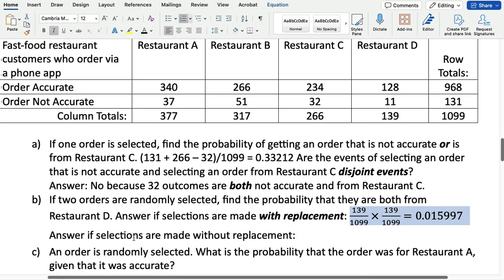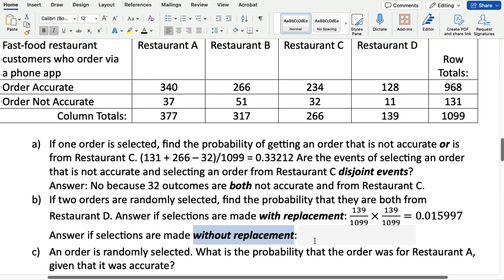Now, what if the selections were made without replacement? So this is what we call conditional probability. Conditional probability means that the second selection is impacted by the first one. So the first time you choose a restaurant, being from restaurant D, is 139 out of 1,099. But the second time that you select one, we are down one selection.